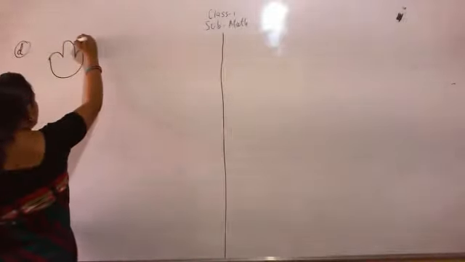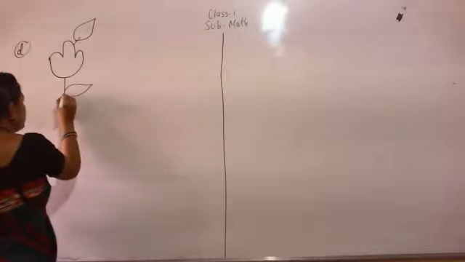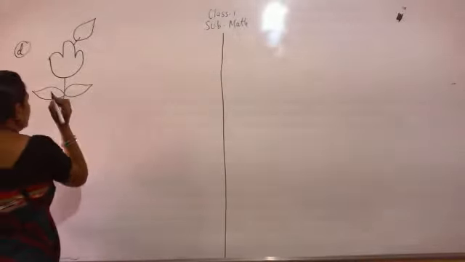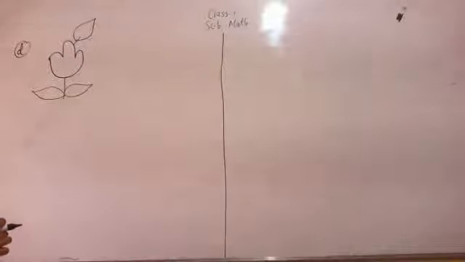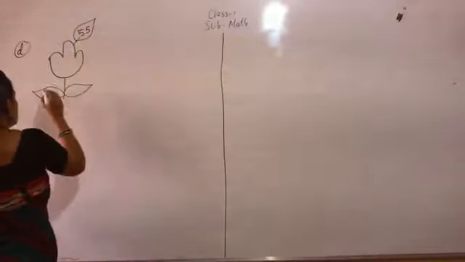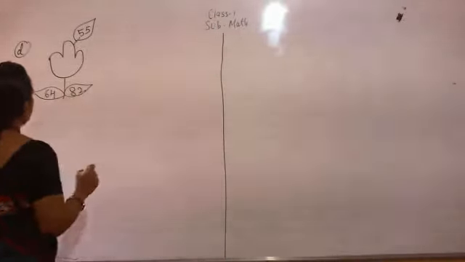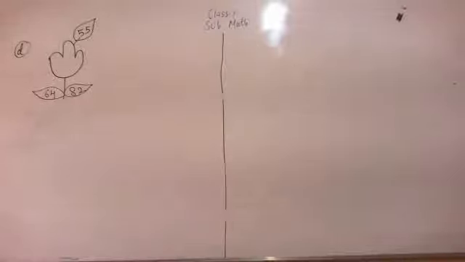Then draw here one leaf. Then here also draw two leaves. And write the numbers 55, 64 and 82. 55, 64 and 82.